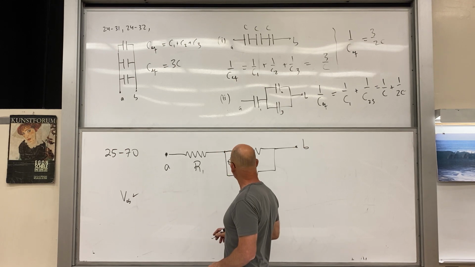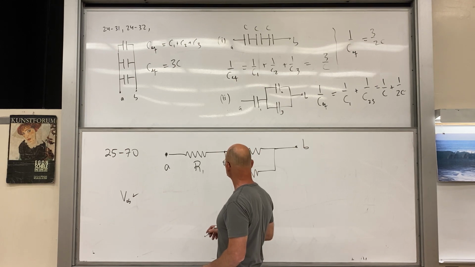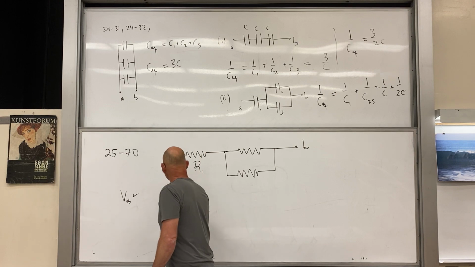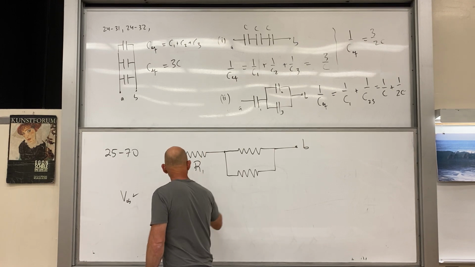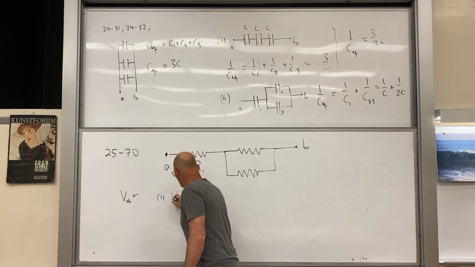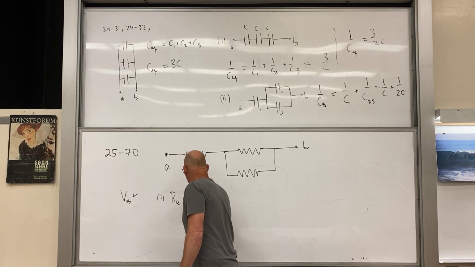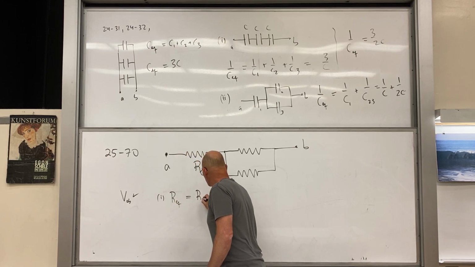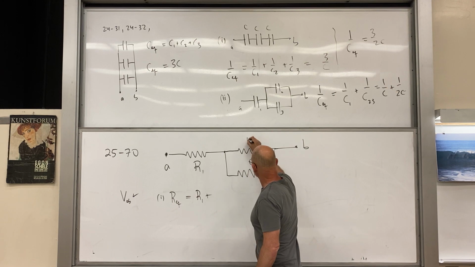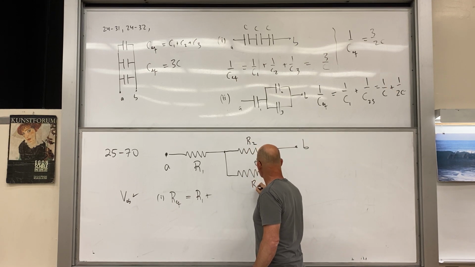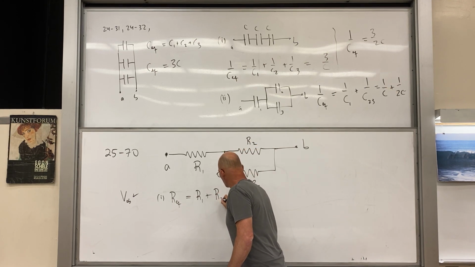Okay, so first of all, we want to get a current. So I'll just go through it systematically here. R equivalent is equal to R1 plus R sub 2,3.